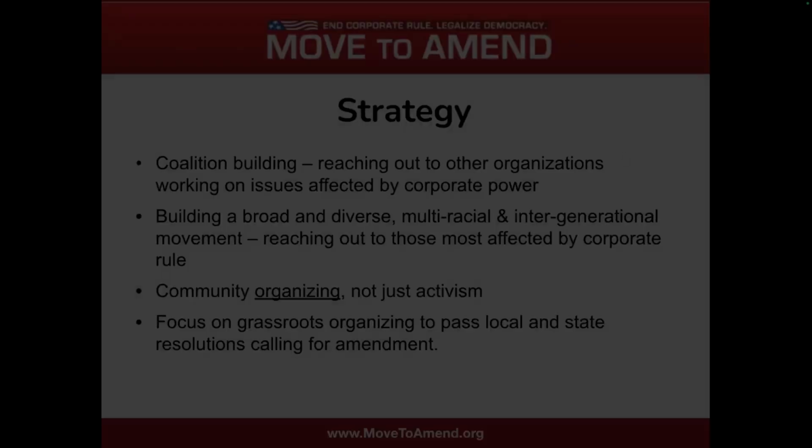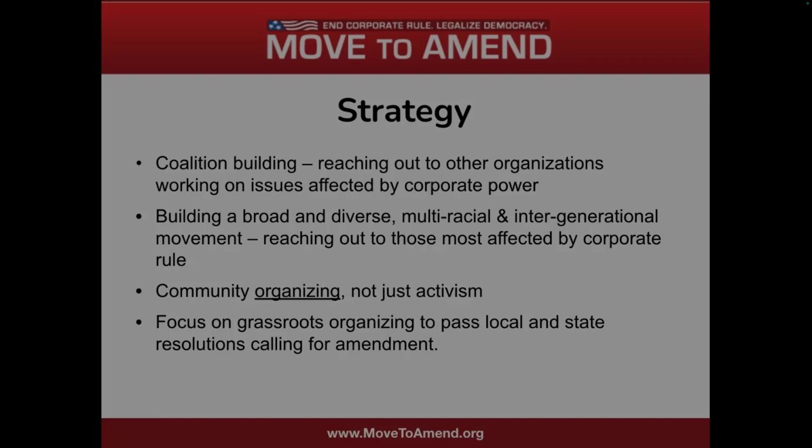So our strategy involves, like I said, building a broad coalition, consisting of many organizations working on issues affected by corporate power. We currently have over 700 organizational endorsements, by the way, which is huge.